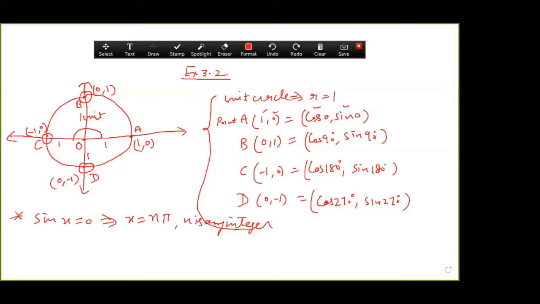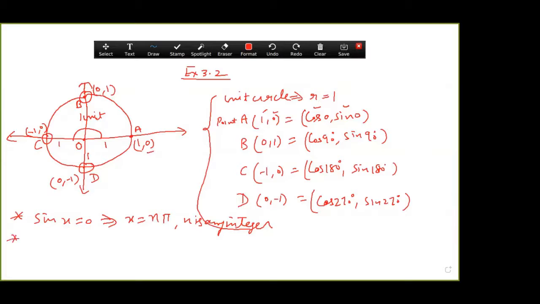If you take n equal to 1, as I know the value of sine pi, that is equal to 0. If I put n as 0, sine 0 as we know is 0. If I put 2, then 2 pi means 360. Again, the value of sine will be equal to 0.